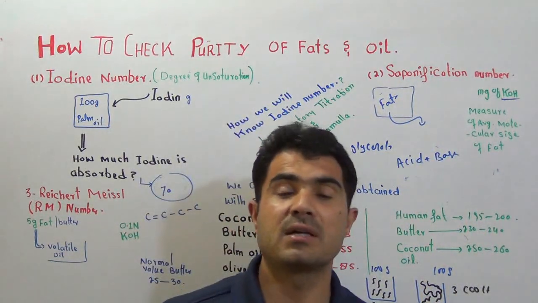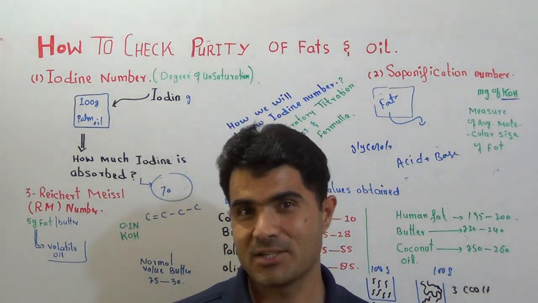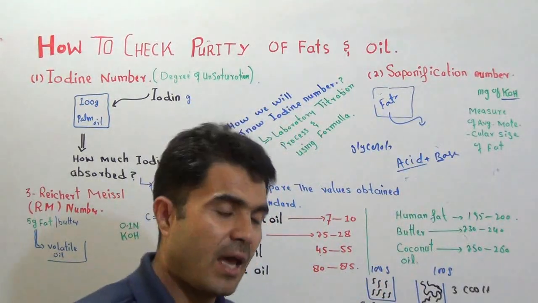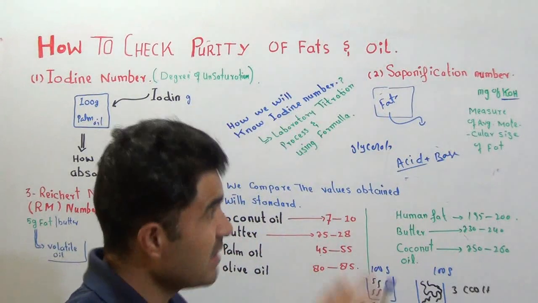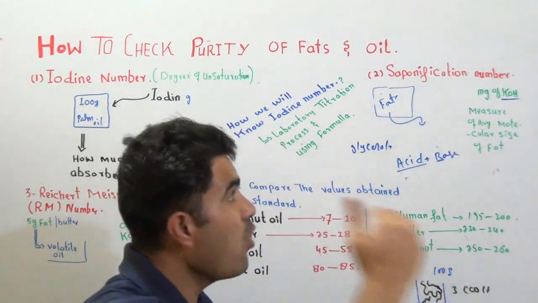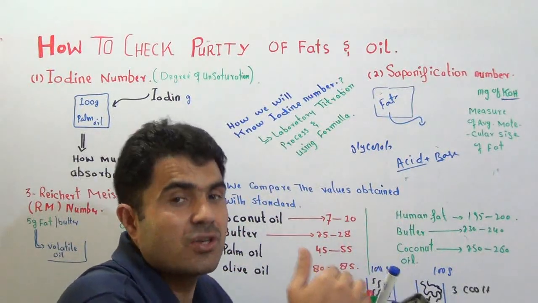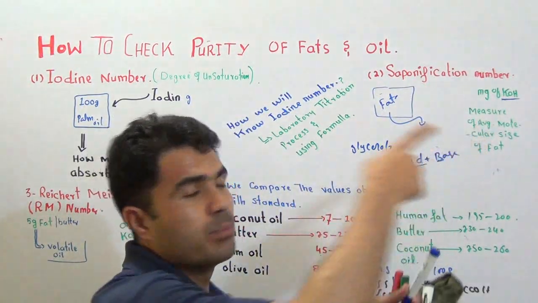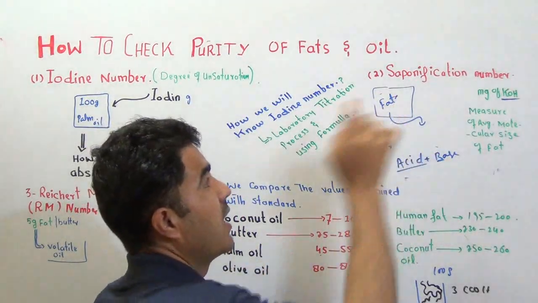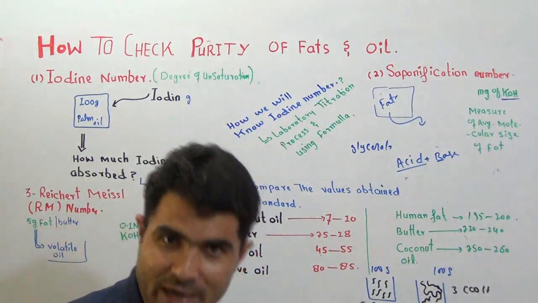A reaction will happen that is called neutralization reaction. Acid and base will react and their effect will be neutralized. So that is also a kind of neutralization. So a saponification number is how many milligram of potassium hydroxide is used to neutralize 100 gram of fats.